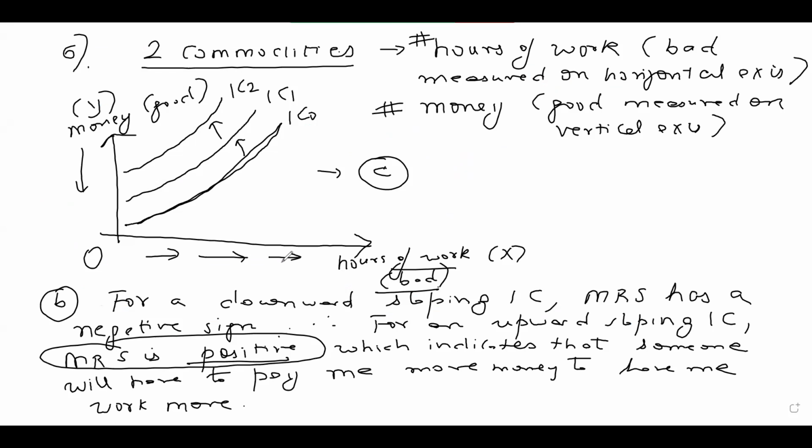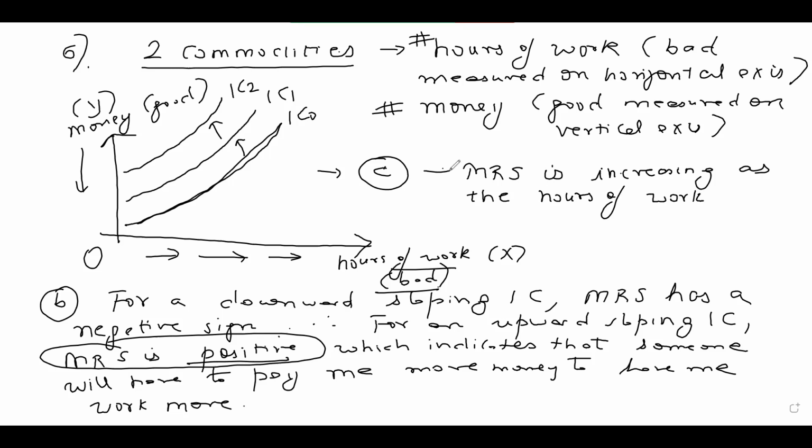In this case, MRS is increasing. Instead of diminishing, which happens in a downward sloping indifference curve, MRS is increasing as the hours of work increase.